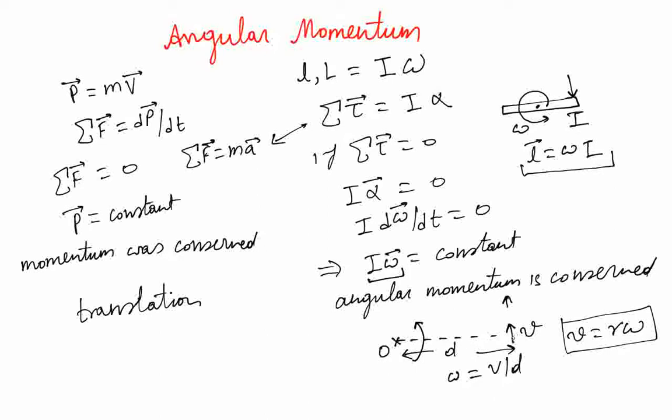But right at this particular instant, you can treat this particle as moving in a circle at a distance d from the origin. So you can define an angular velocity omega, and this is all being done just to calculate I omega. Also, you know that I is given as m d squared, because this is how we calculated our moment of inertia.